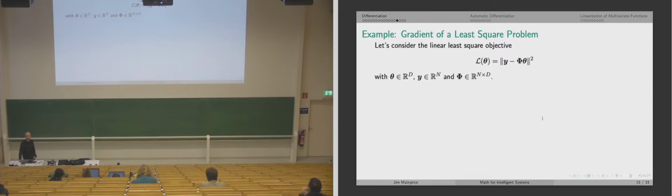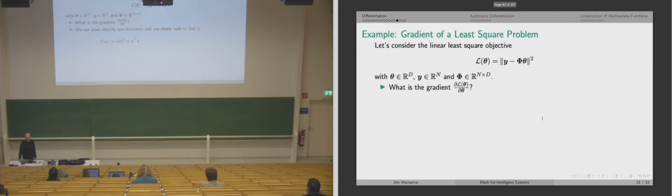And the closed form solution is the pseudo-inverse. Or if the problem is too big for computing the closed form solution, we might just compute the gradient and then do some kind of gradient descent scheme. So no matter what, we have to get an idea of what is the gradient of that objective here.